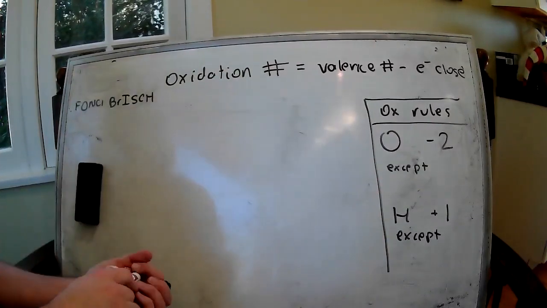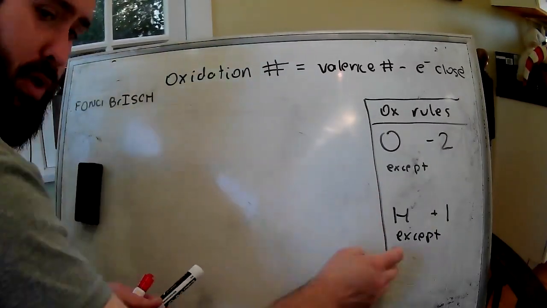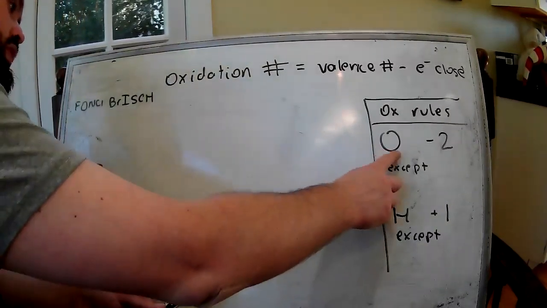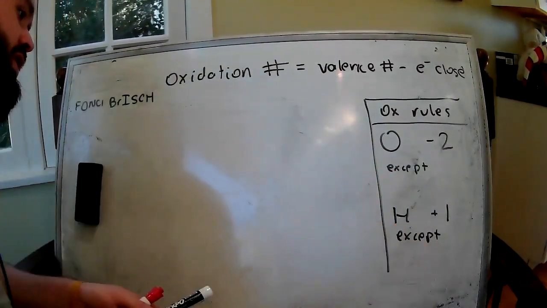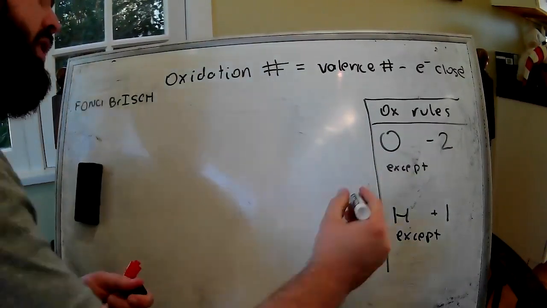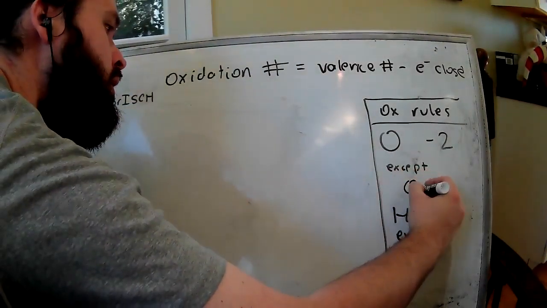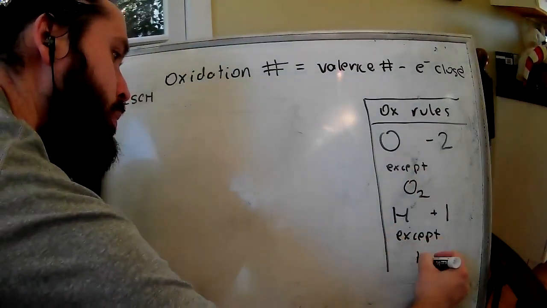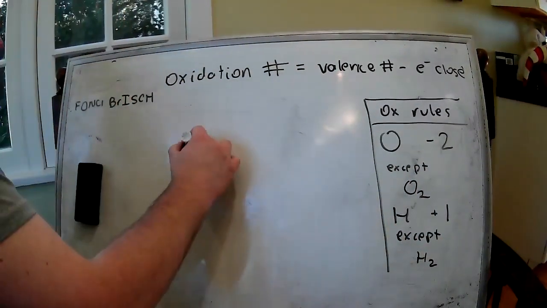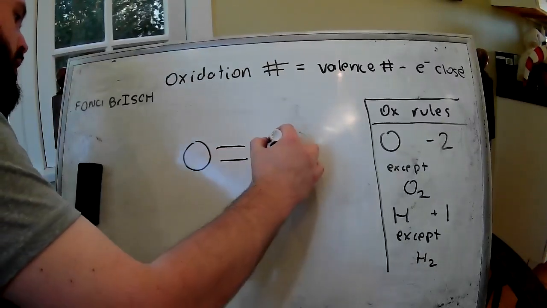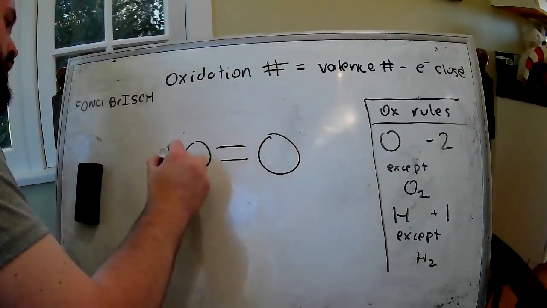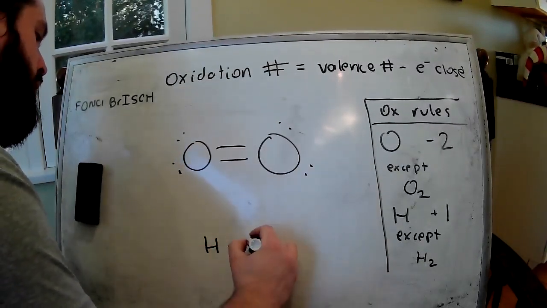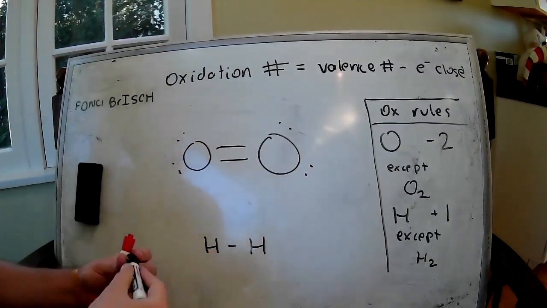Actually, before we do that other example, let's go through our exceptions here. So we remember that the oxidation rules tell us oxygen is usually -2, hydrogen is usually +1 with exceptions. We know the exception for both of them is when they're in a diatomic gas, such as O2 or H2.